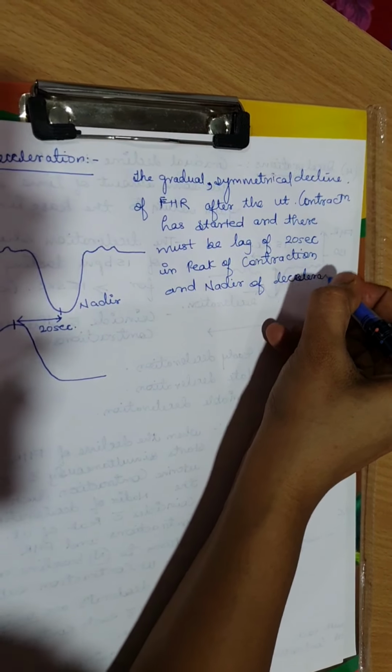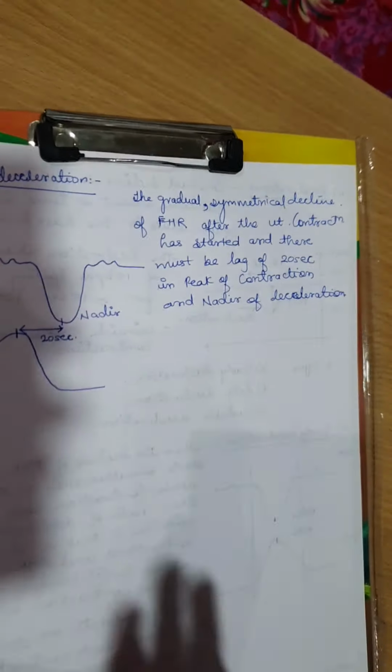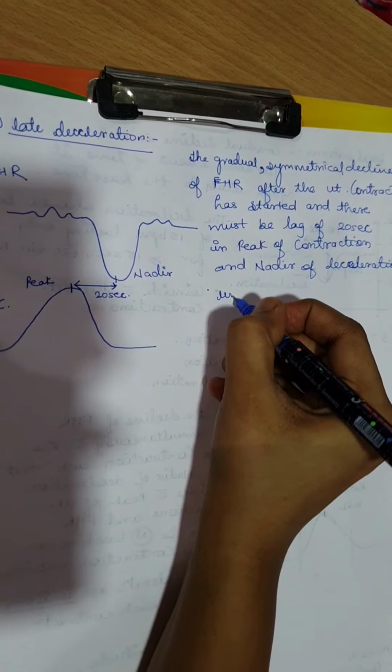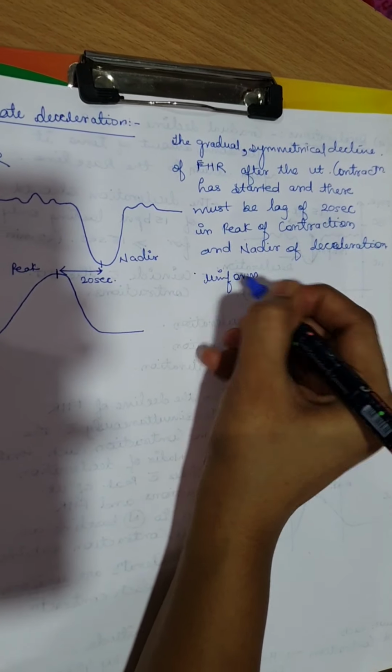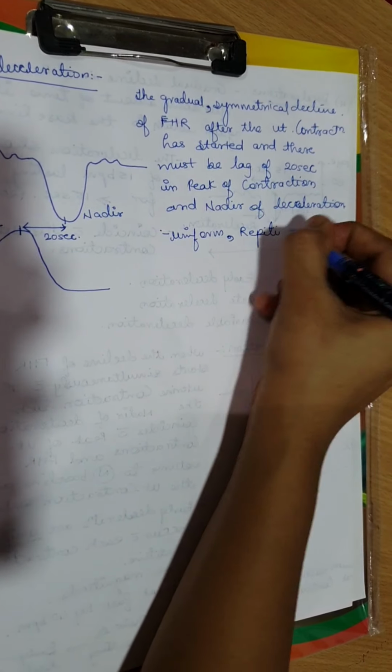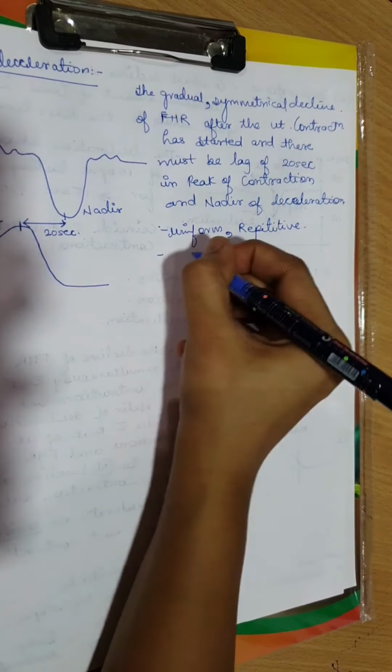That is called the late deceleration. Now it also shows the same characteristics as the early deceleration: it is uniform, it might be repetitive, and it is of the same magnitude.